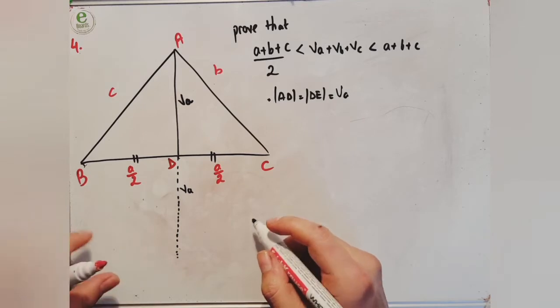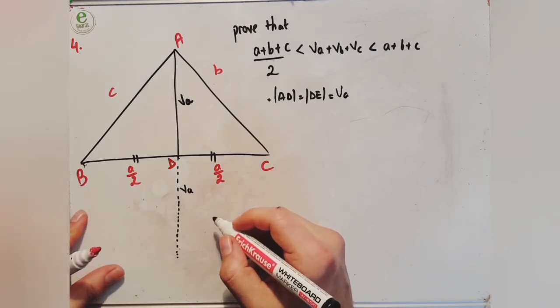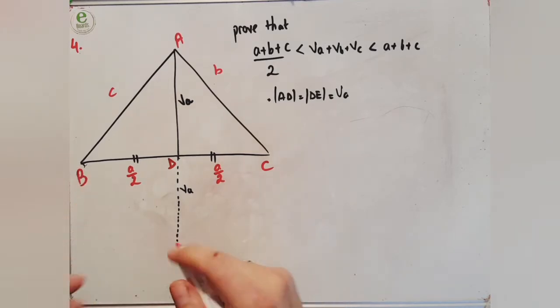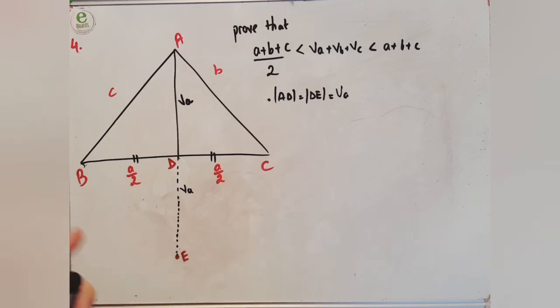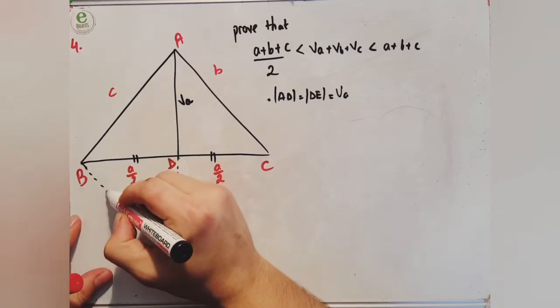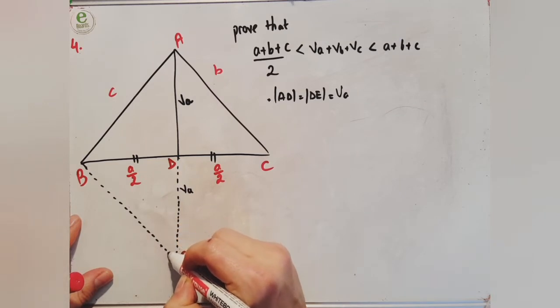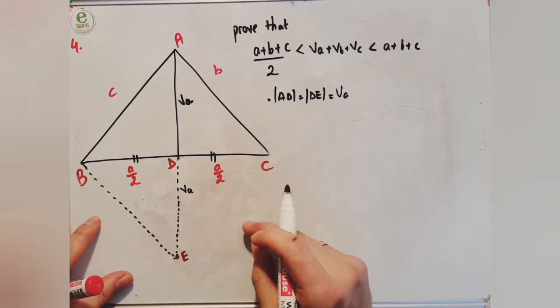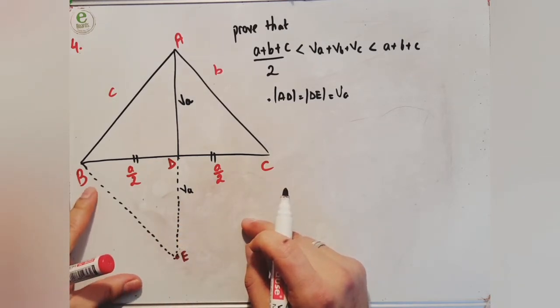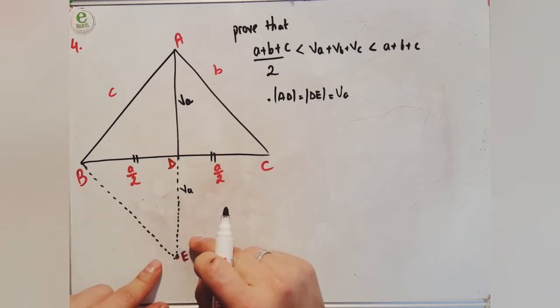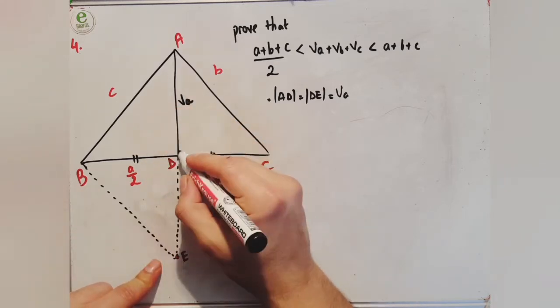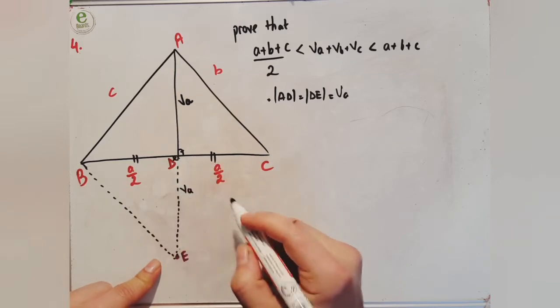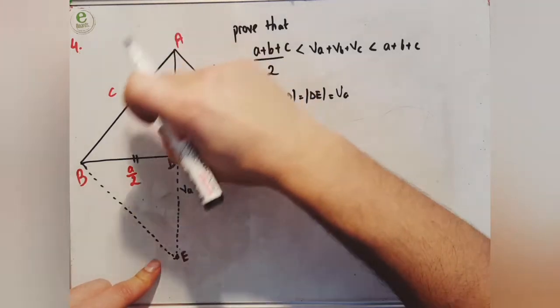And after that, if we combine points B and E, it follows that triangle BDE is congruent to triangle CDA because these angles are equal, vertical, and the sides are equal.